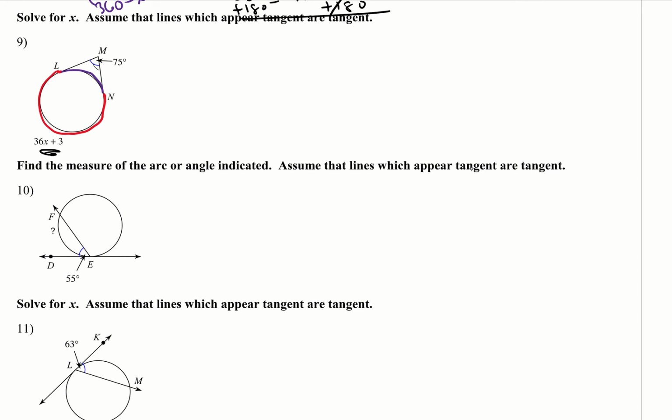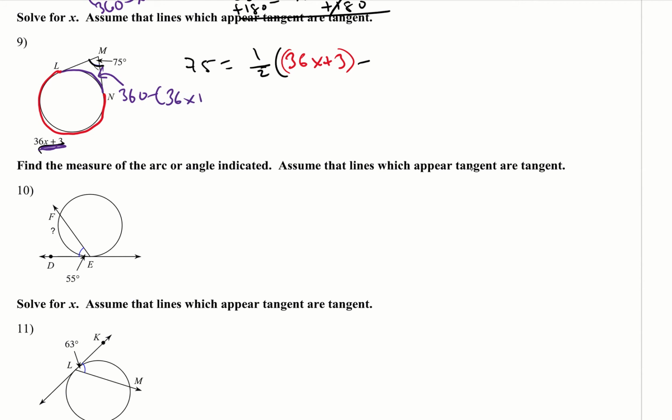So we got that 75-degree angle has to be equal to half the difference of the red arc, 36x plus 3. Now this time it's minus, and then this time since it's in terms of this, we have to do 360 minus that to get the purple. Okay, so the purple is 360 minus whatever that is.